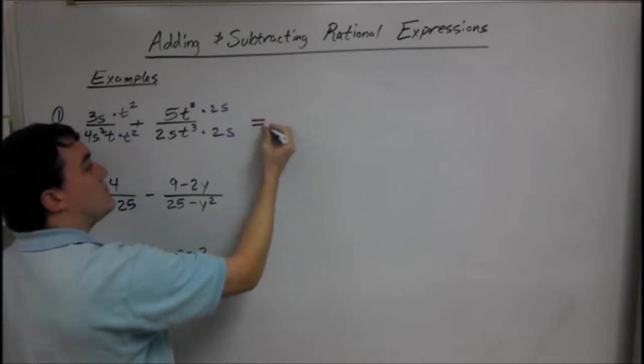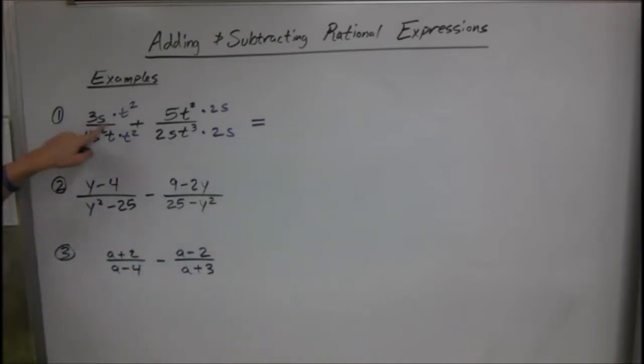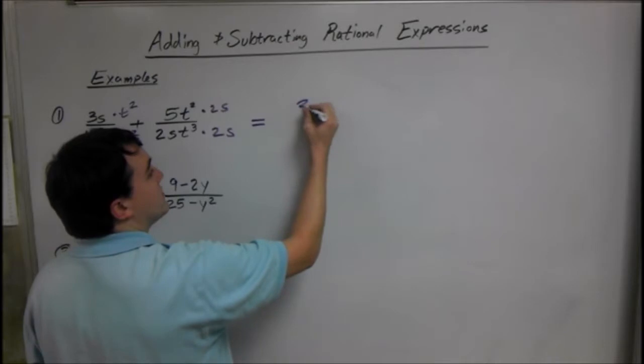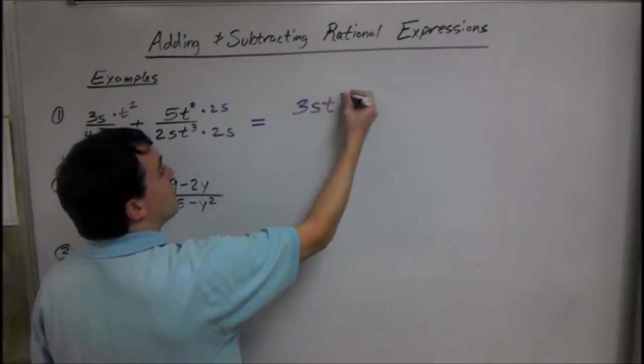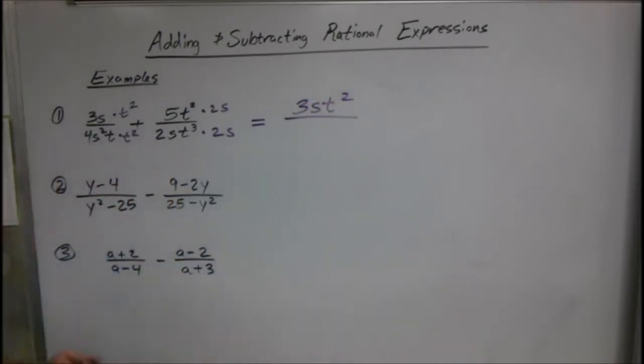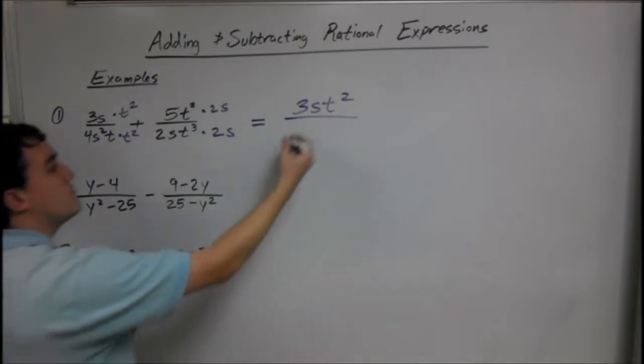So we simplify. 3s times t squared. Can't do much with that, so we have 3s t squared over our common denominator, which is just 4s squared t times t squared, which is t cubed.